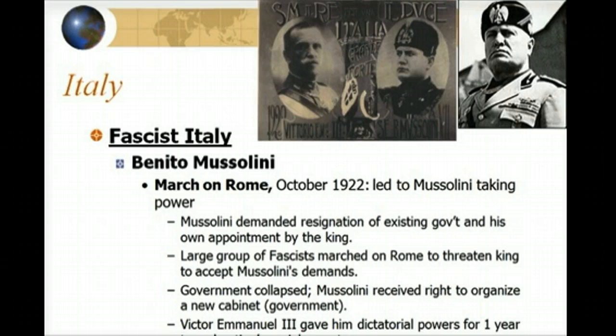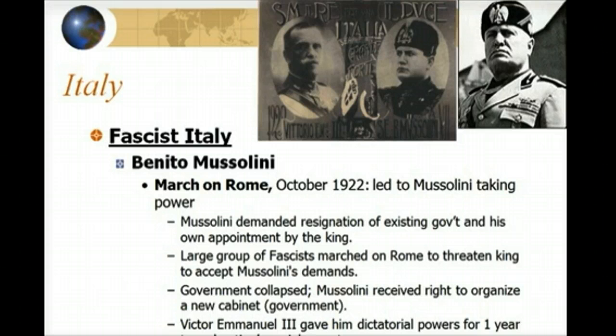I think King Emmanuel is not really threatened by this. He really just looks at it as, I have a couple options. I can pick the socialist worker side, which would probably rise up against him anyway, or I can pick the fascist side. I don't think he's really threatened.